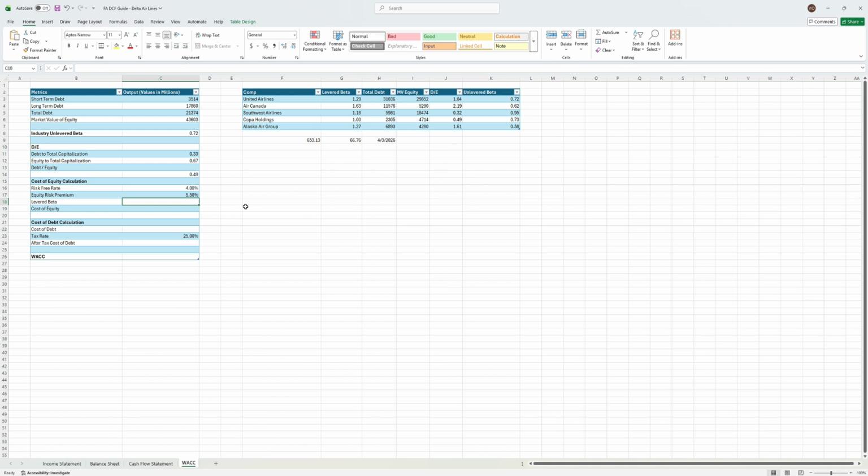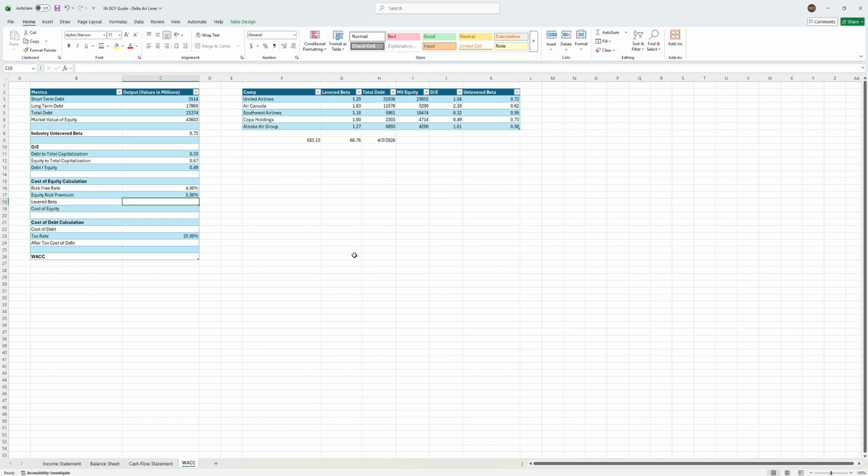So in this, what we're going to want to do is take our industry unlevered beta. We're going to multiply this by 1 plus 1 minus our tax rate times our debt to equity, which for some reason was in the wrong cell, so let me fix that. Perfect.